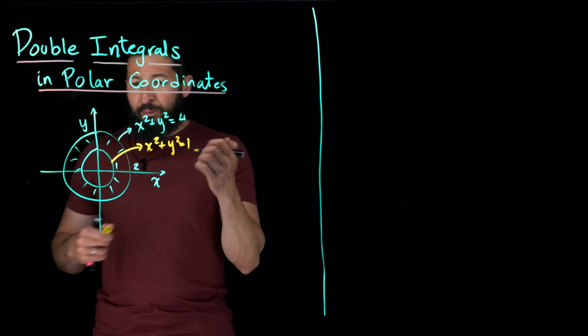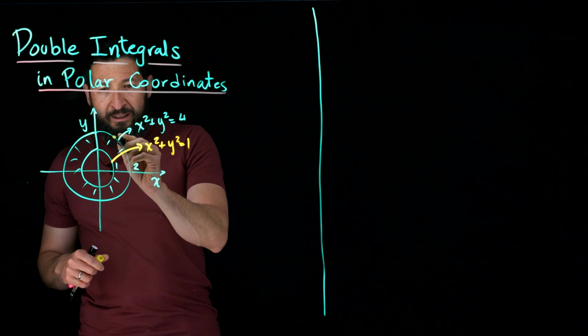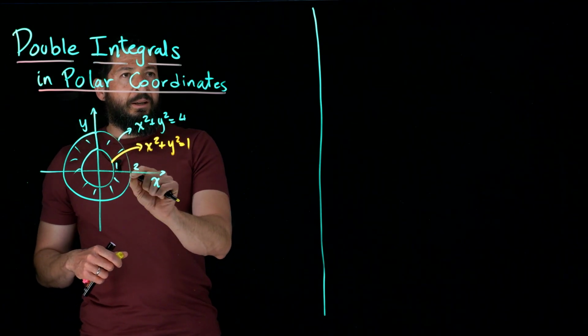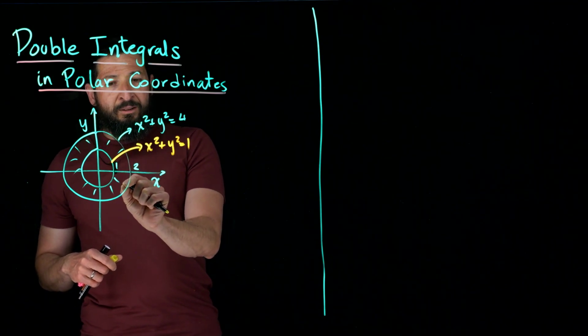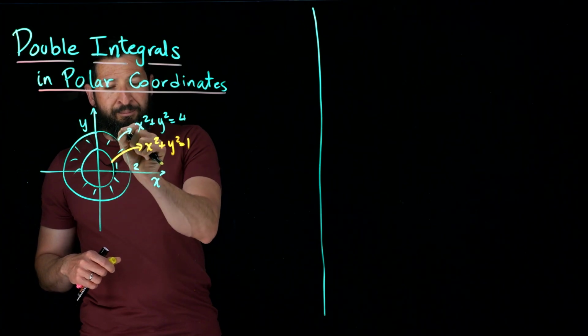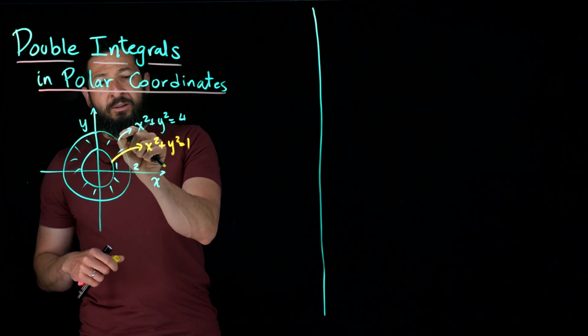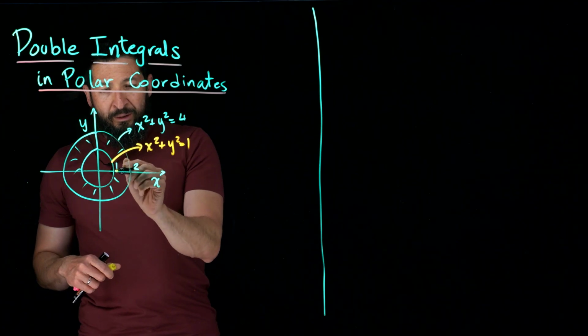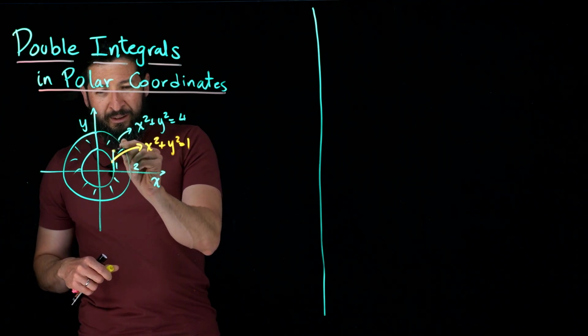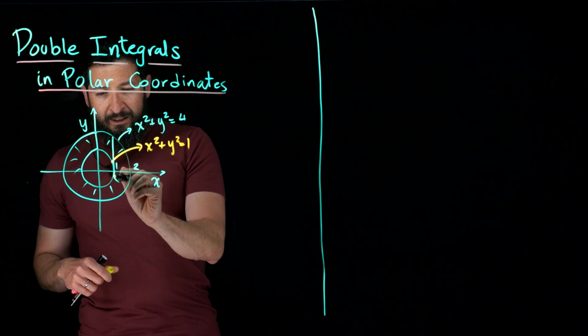So for example, you could partition it if you're going to start integrating first in the y direction, to get functions of x. So you would have to partition from here in a vertical line.